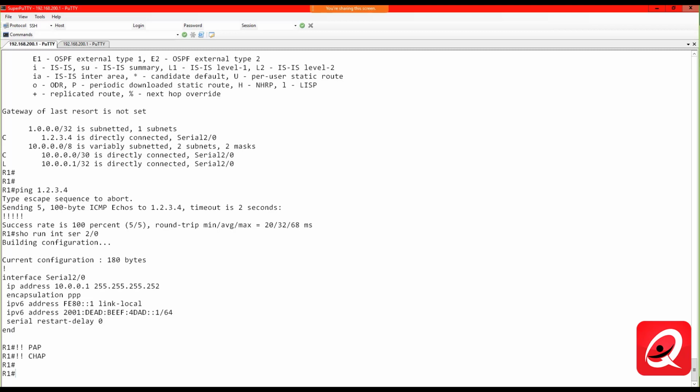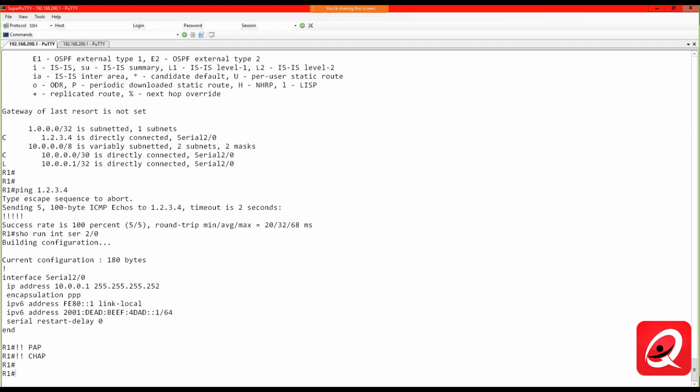So in the case of PPP authentication with PAP, we send two different messages back and forth. Number one, we send an authentication request, which is the challenge process of the authentication. Then the receiving client, which could be router 2 in this case, sends an authentication response.